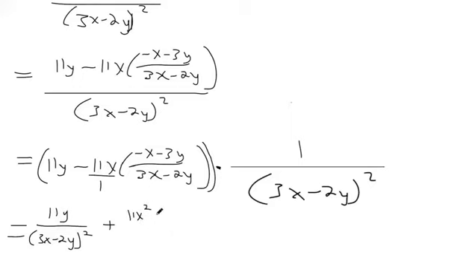Negative 11x times negative 3y makes positive 33xy. And then in the denominator, multiplying this times this, it's just been bumped up a power because it's the same number. And so you can get common denominators.